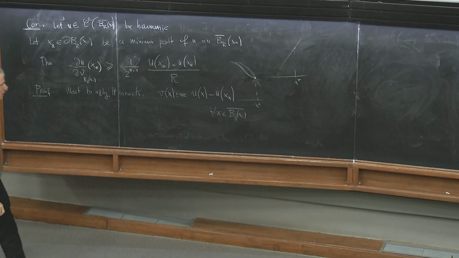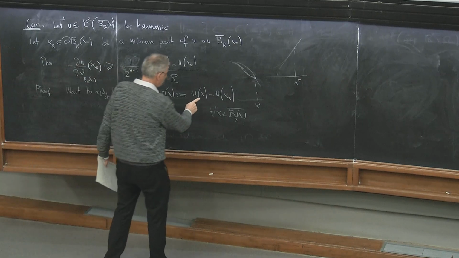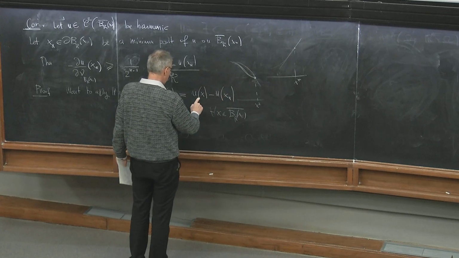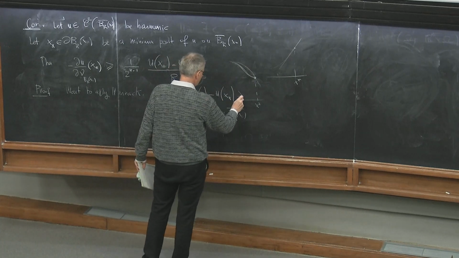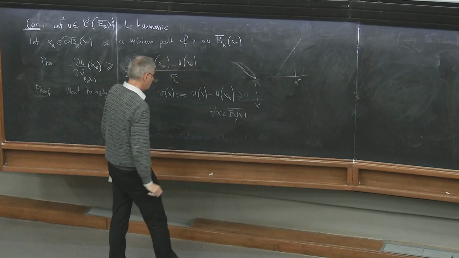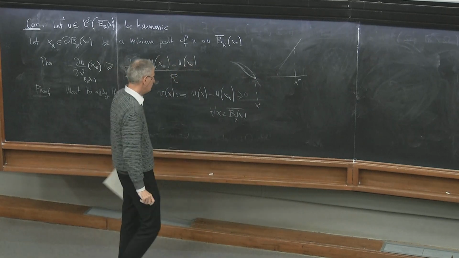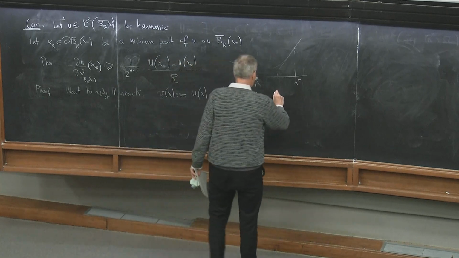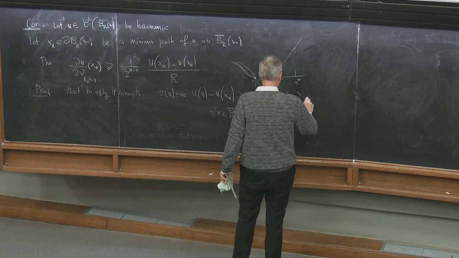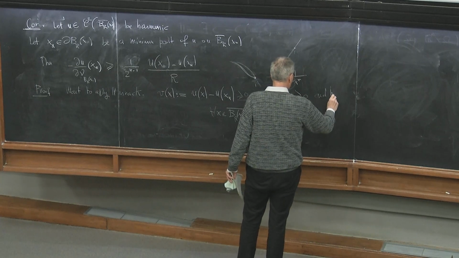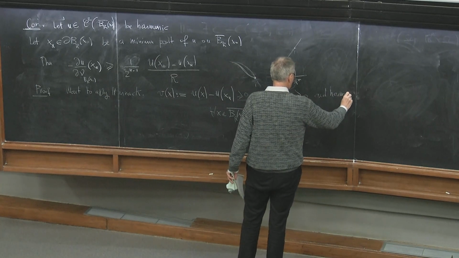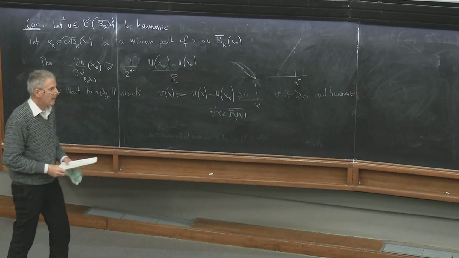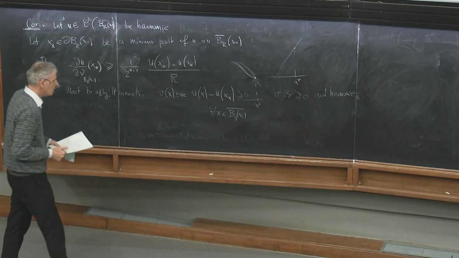Now this V is clearly harmonic, because it is just U minus a constant, the minimum value of U itself, and also it is larger or equal than 0, because this is the minimum value. So V is larger or equal than 0 and harmonic. It is to this V that we want to apply the Harnack inequality, the first theorem, theorem 1.